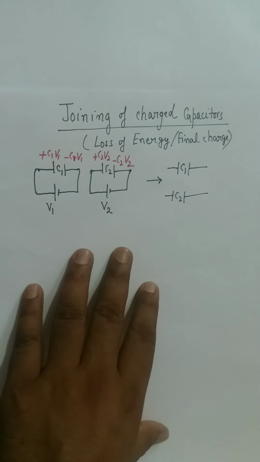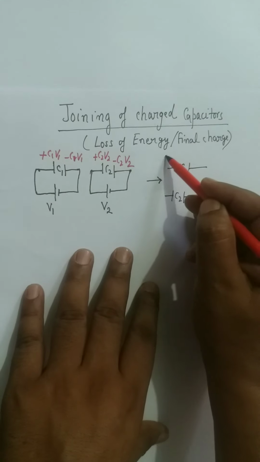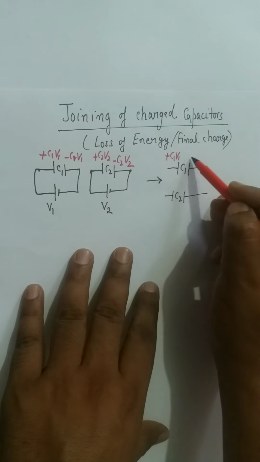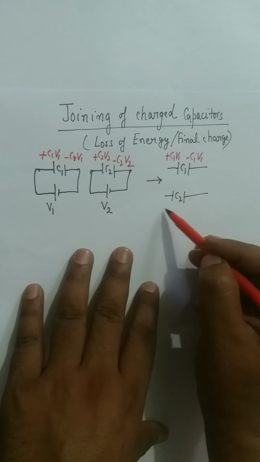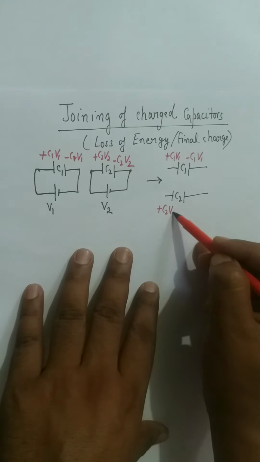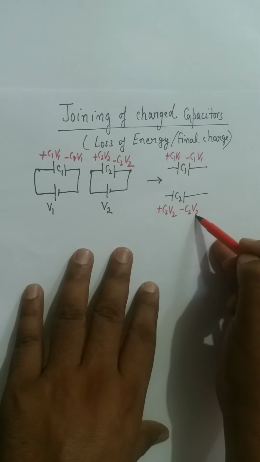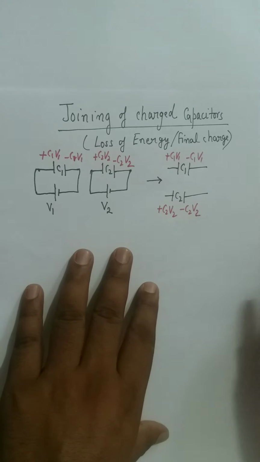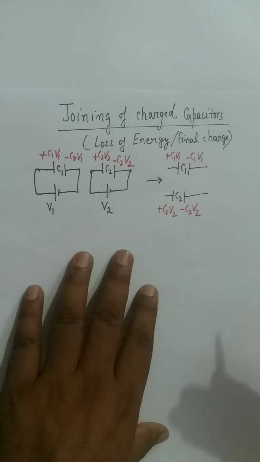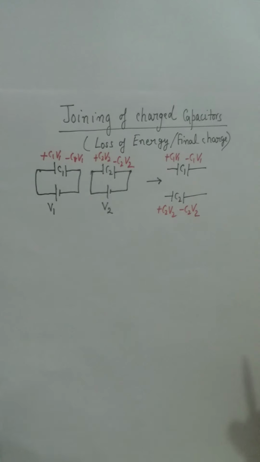But before disconnection they were charged, which means capacitor C1 has a charge of plus C1 V1 here, minus C1 V1 here, and capacitor C2 has a charge of plus C2 V2 and minus C2 V2. This is the status after disconnection from the batteries.